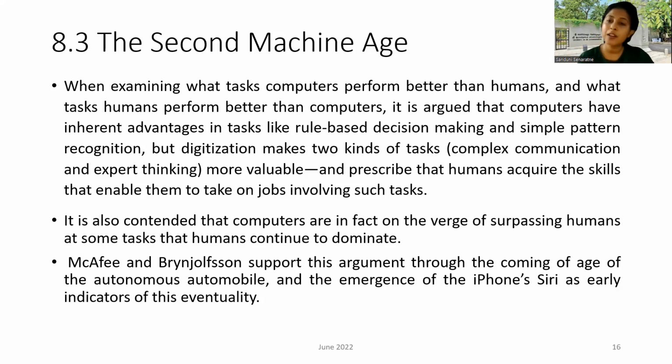So although for the time being, it is regarded that rule-based decision making and simple pattern recognition kinds of tasks can be taken care of by machines, as opposed to complex communications and expert thinking, it is also contended that computers are in fact on the verge of surpassing humans at some tasks that humans continue to dominate.